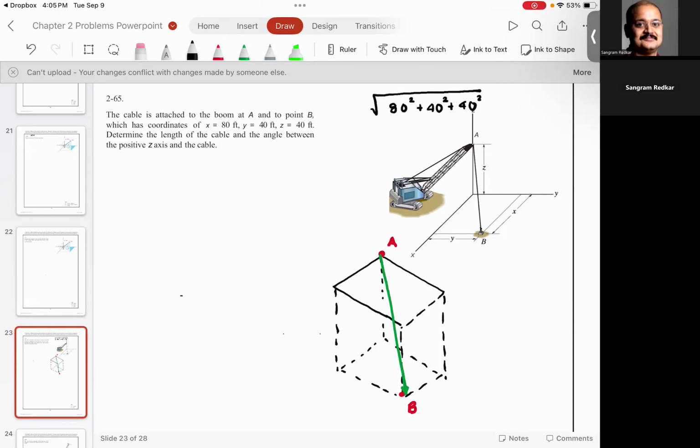You agree with me? That gives me the length of that rope. Now, if I want to find the angle, I need to find its corresponding components. So let me give you x, y, and z. So say this, I'm going to call y.